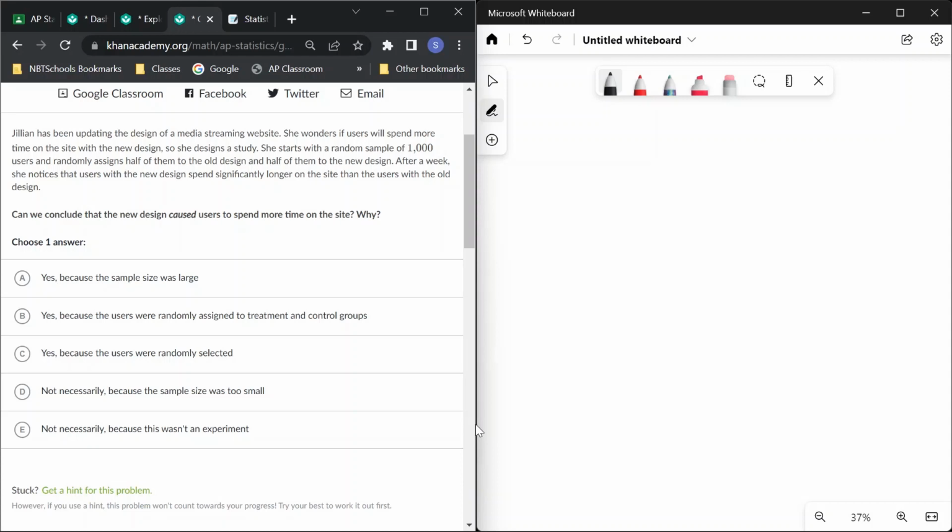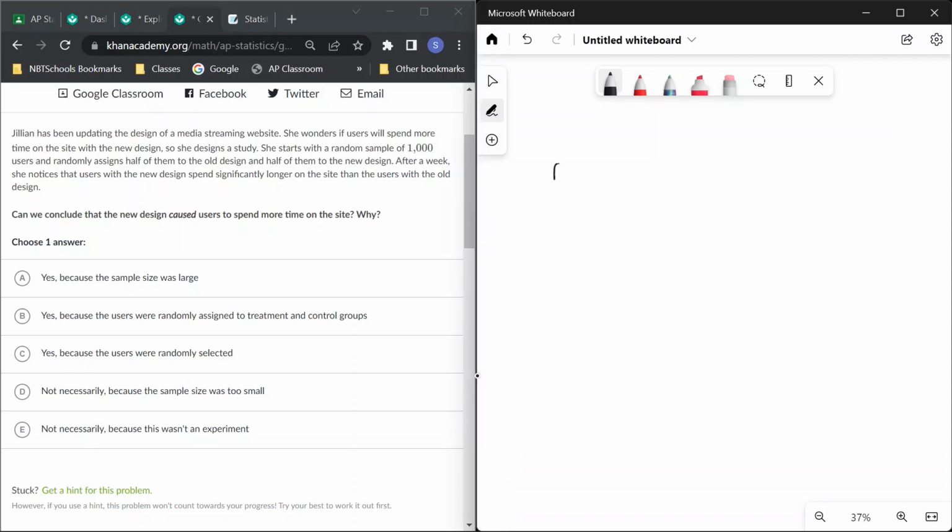Okay, she wonders if users will spend more time on the site with the new design, so she designs a study. She starts with a random sample of 1,000 users and randomly assigns half of them.